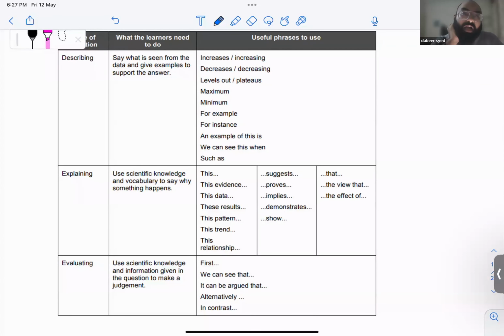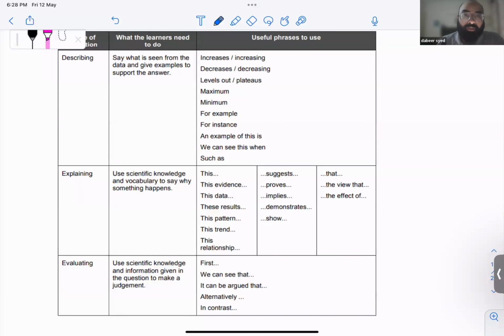You could be asked to describe something. For example, you could be asked to describe the trend that you see in a graph. That trend could be increasing, decreasing, or leveling out, plateauing.